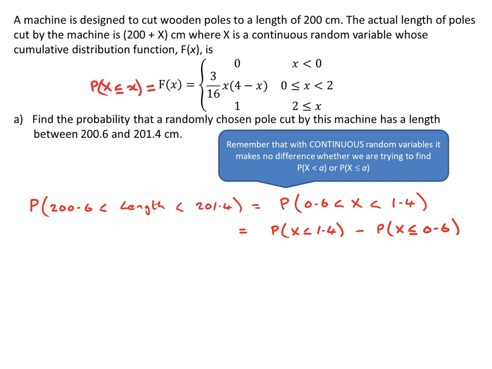If we remember that the probability that x is less than something is precisely what we mean by the cumulative distribution function of the random variable, then the probability that x is less than 1.4 is F(1.4), and the probability that x is less than or equal to 0.6 is just F(0.6).